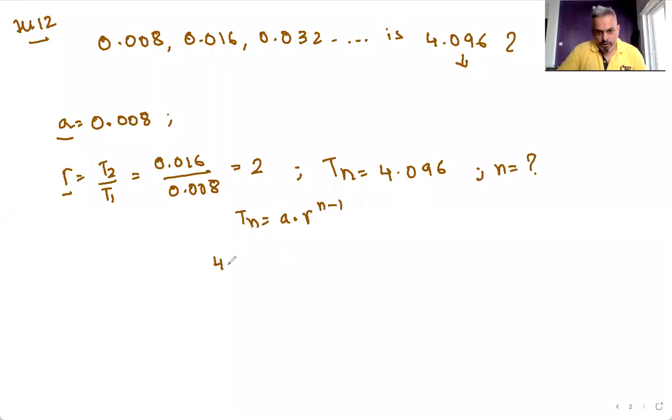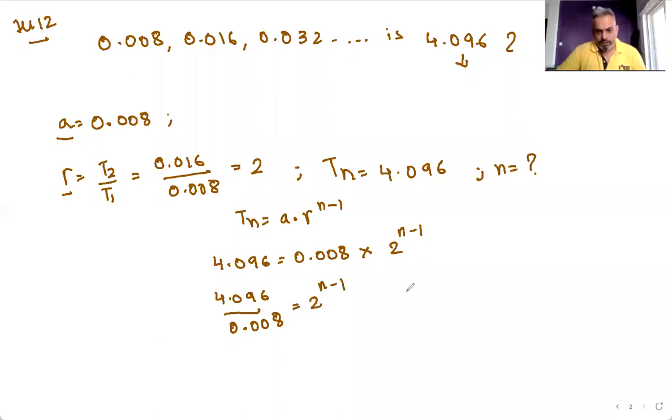So 4.096 is equal to 0.008 into r, which is 2 raised to n minus 1. Now divide. 4.096 upon 0.008 is equal to 2 raised to n minus 1.